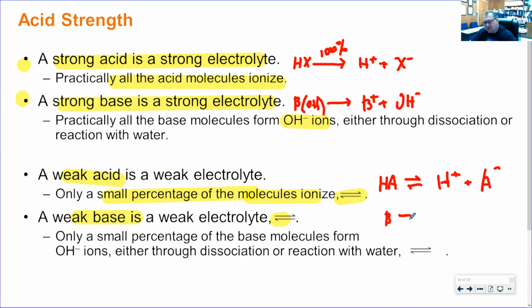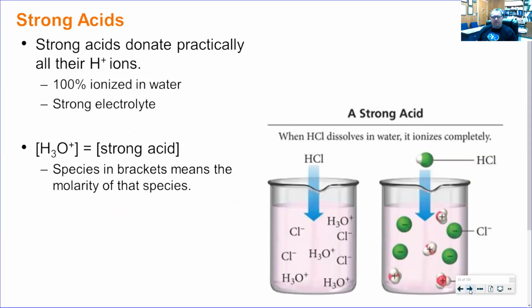It's not a complete ionization, so it would react to form the BH plus by taking a proton, and if it's reacting with water, it would kick off OH minus from water. So we have things that can work as a weak acid or a weak base, producing either the H plus or the OH minus, and it's a partial equilibrium.